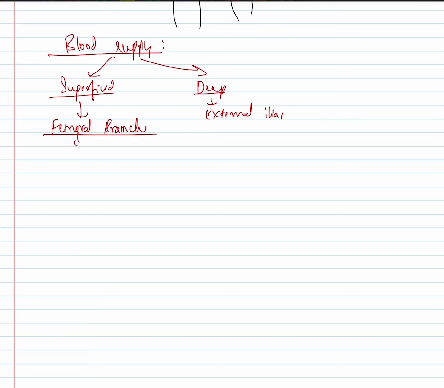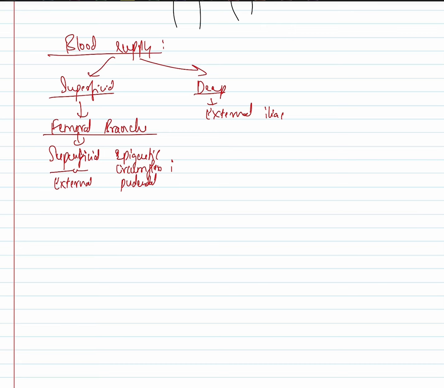The femoral branches are your superficial epigastric, superficial circumflex, and external pudendal.